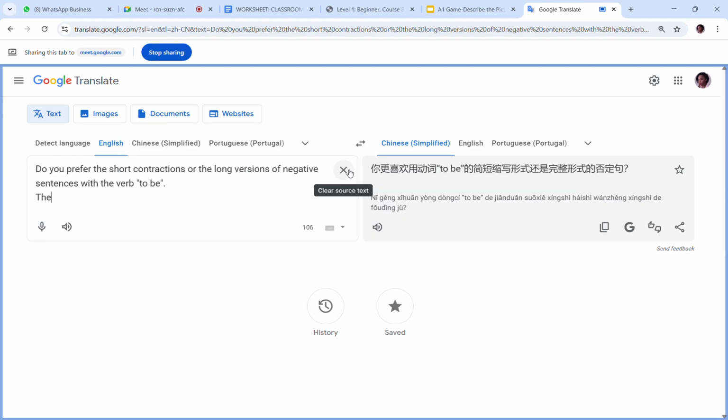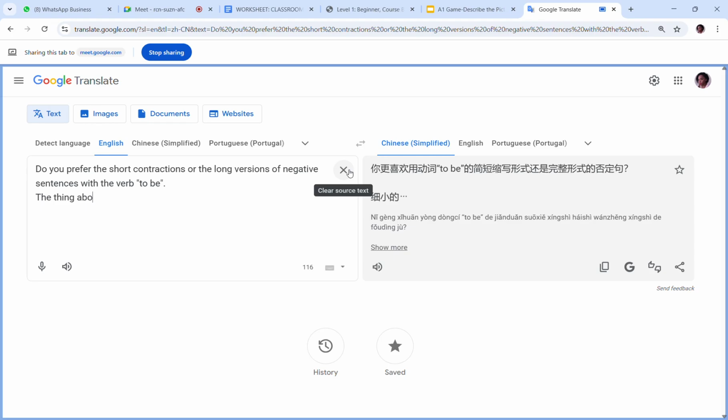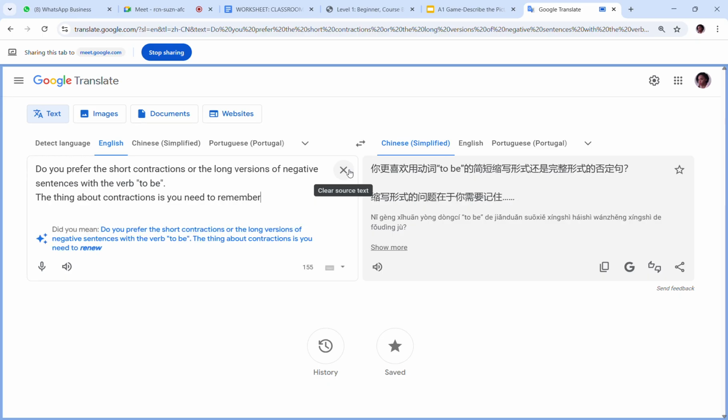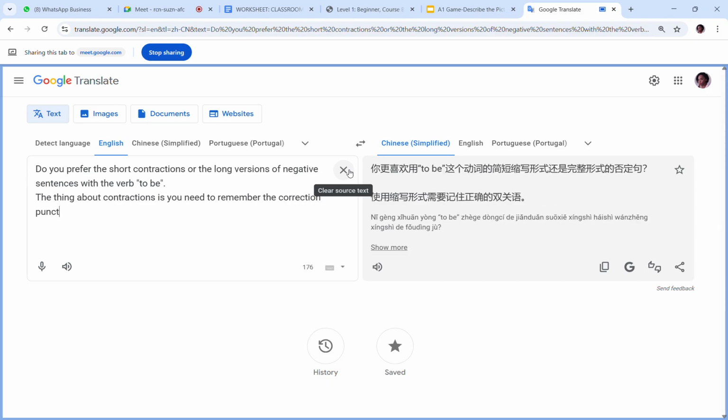Yeah, the thing about contractions is you need to remember the correct punctuation, right? Especially the apostrophe placement.